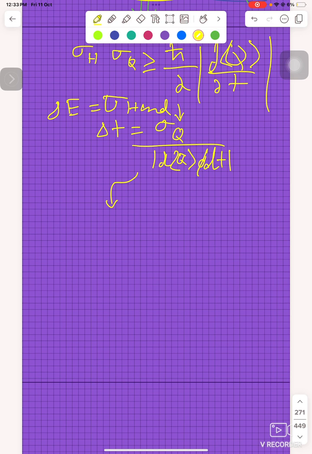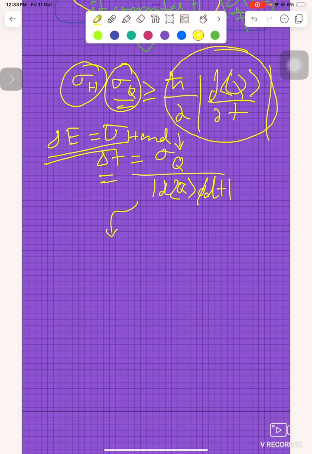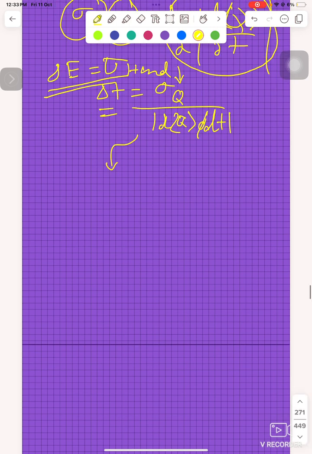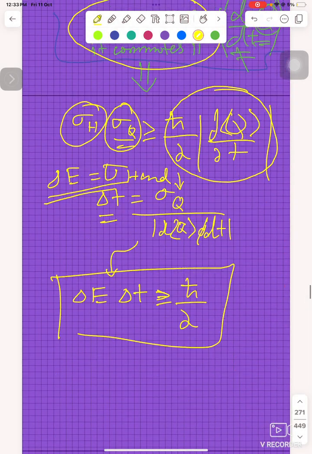So if the change in H is the energy operator and the change in T is this over this operator over this operator, what do we get? We get energy and time uncertainty greater than ħ over 2. So yeah, it is correct.